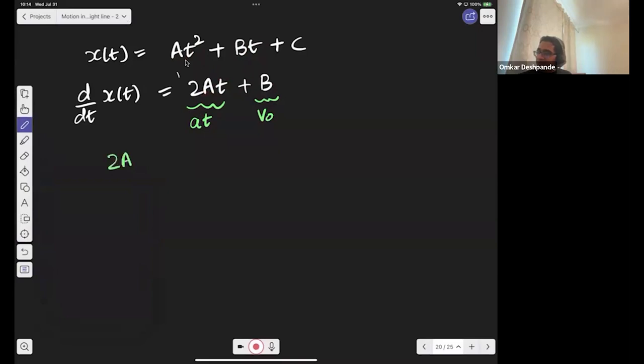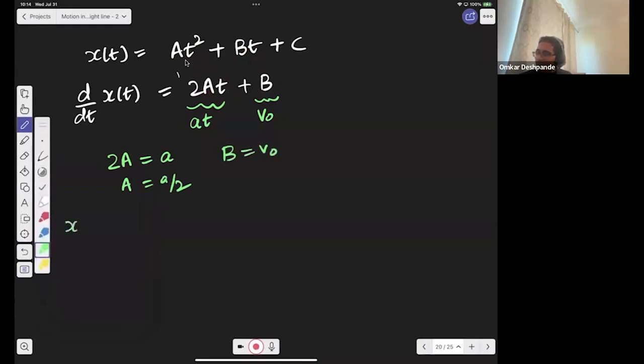Twice that capital A should be my small a, so I need to pick a coefficient of t squared which is a by 2, and moreover B has to be v0. So my x(t), therefore, is going to be a by 2 t squared plus v0 t plus some constant C that I still don't know.